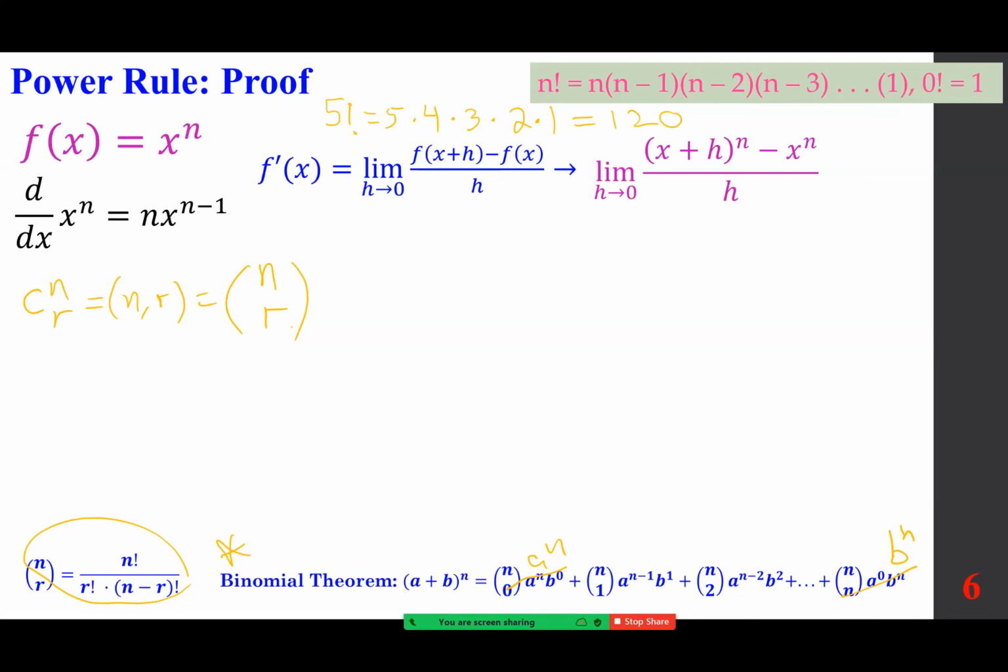That is the combination of n distinct elements or objects, picking r.